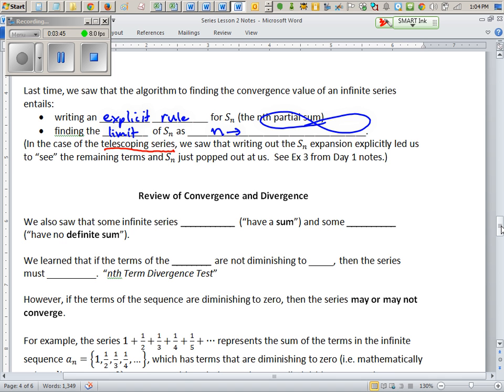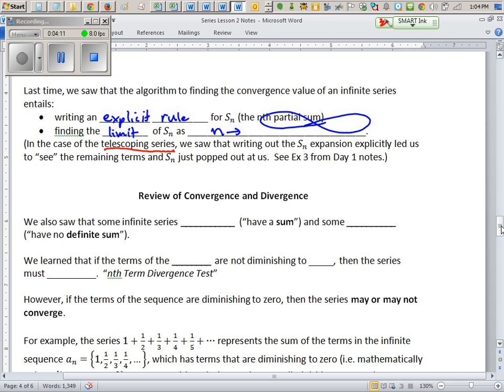And for a telescoping series, the easiest way to see the Sn is to write out all the Sn expansion explicitly, and you'll see the terms that remain. And Sn finally popped out at us. There were 4 surviving terms out of an infinite number of terms. Only 4 survived. Okay? Example 2 also was hard. Example 1 was hard. But we were able to construct those Sns a little bit easier.